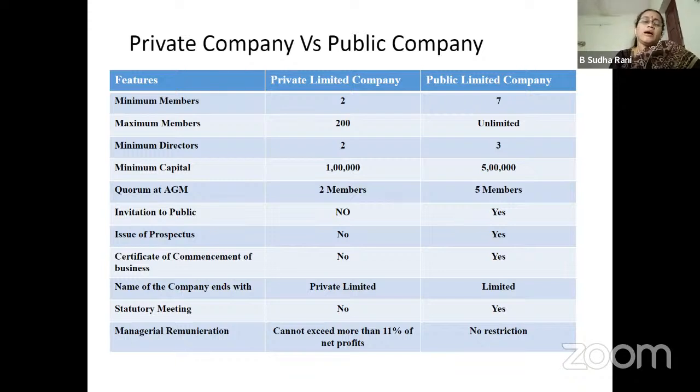Understood? Coming to the name, if you see any company, at the end of the company name, if you find private limited, assume that it is a private limited company. If there is no private, simply limited, that is to be called the public company. Okay, public limited company.